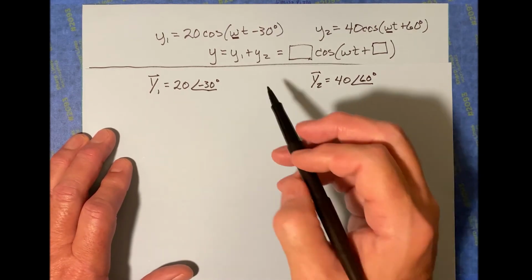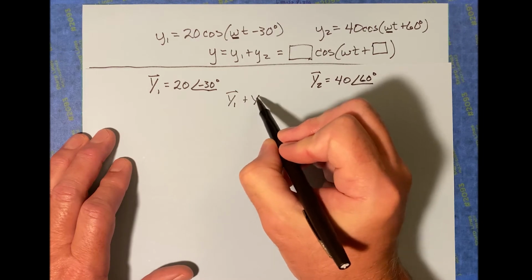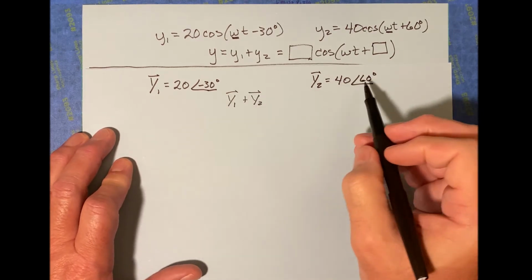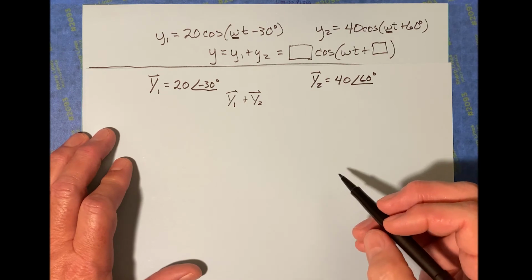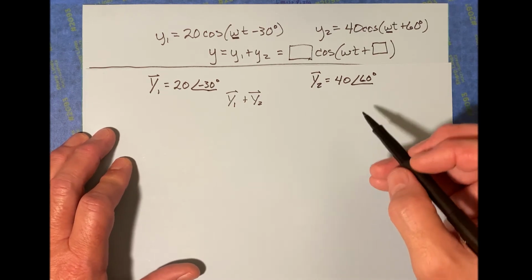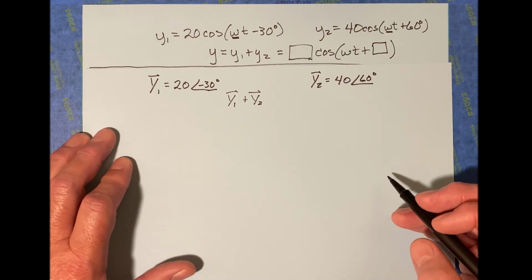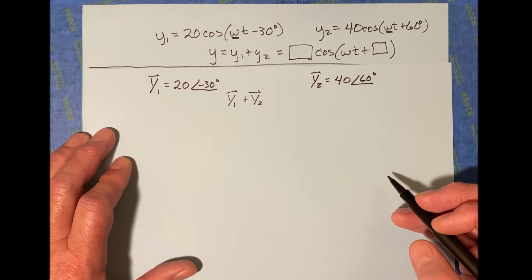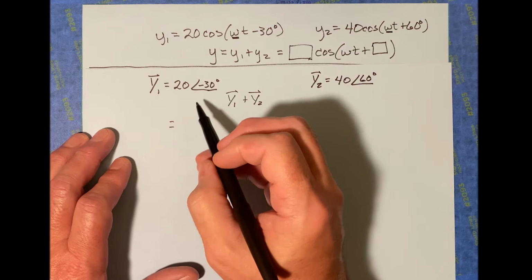Now we want to add these two things together, y1 plus y2. But in their current forms, we really cannot do that. We need to convert these into rectangular formats in order to be able to do that. So if we convert those into rectangular formats, here's what it turns out to be.